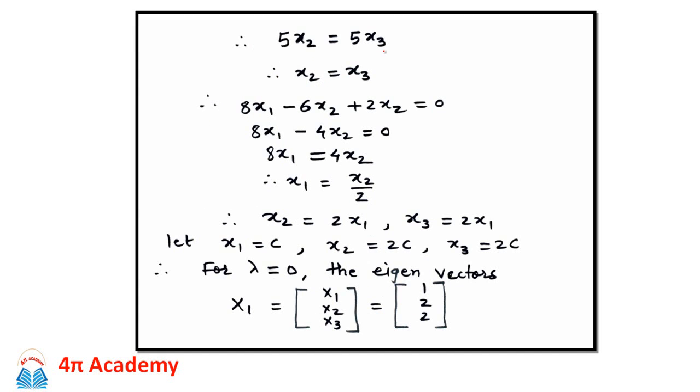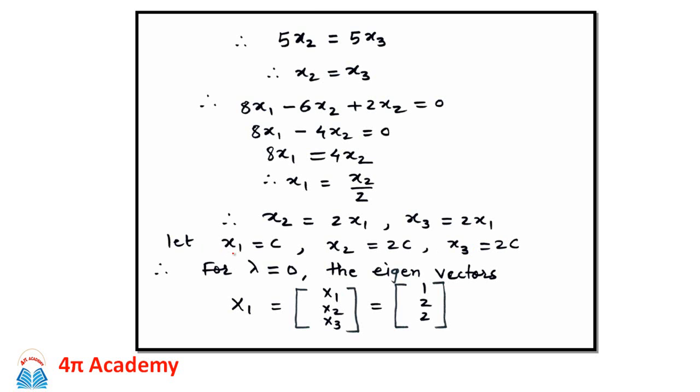So 5x2 minus 5x3 is equal to x2 minus x3. Then again we substitute the value in equation 1. So we get 8x1 minus 6x2 plus 2x2 equal to 0. So we get the value of x1 as x2 by 2. Then we get x2 is equal to 2 times x1 and x3 is equal to 2 times x1.